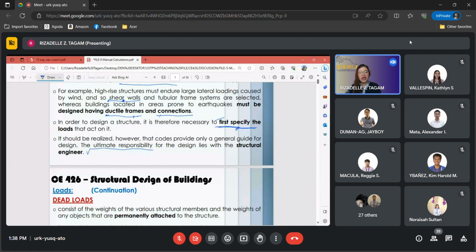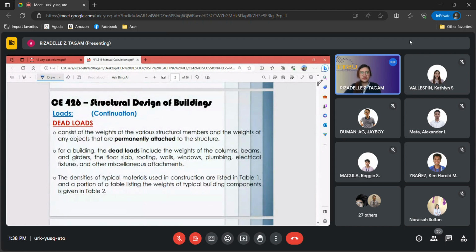Kita ang mo-specify asa ang location sa beam, unsay butangan sa beam. Kita ang mo-specify asa kabagaon ang slab, no? Kita ang mo-specify unsay spanning sa slab. So the ultimate responsibility naa sa atoa. Nga atong idumdumon.